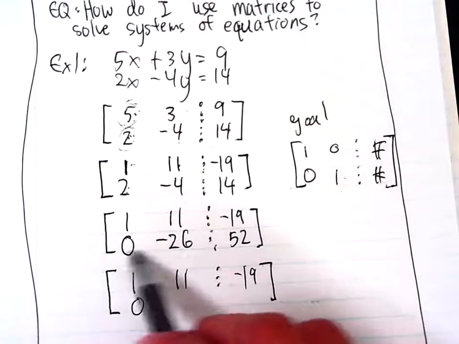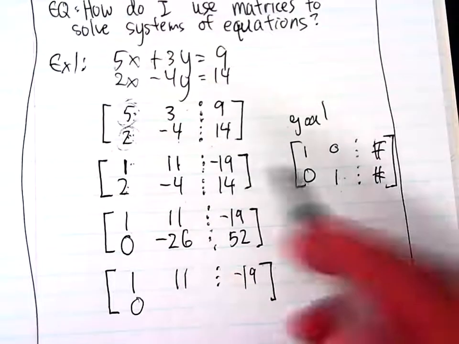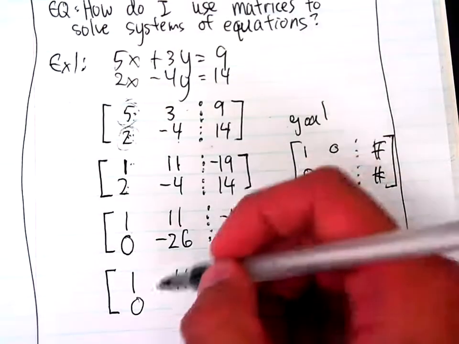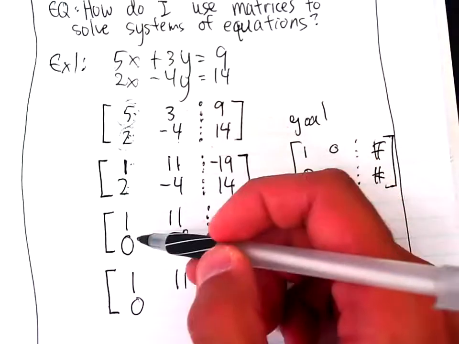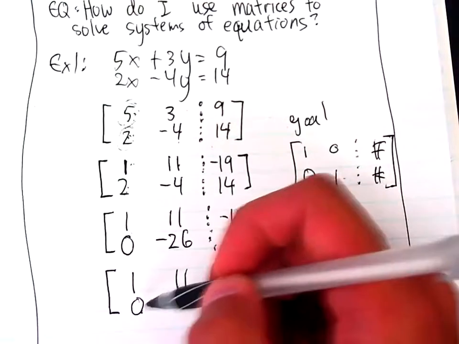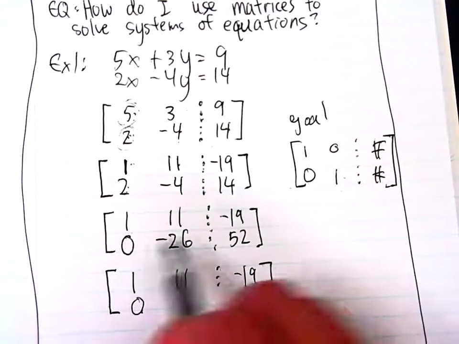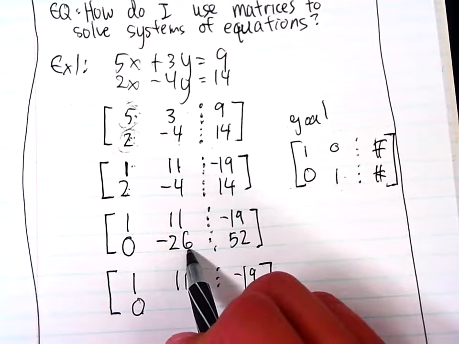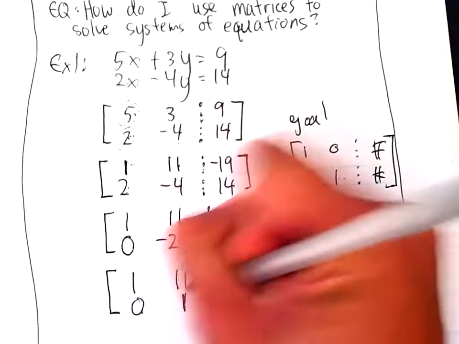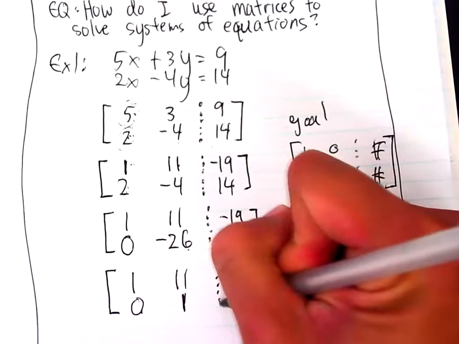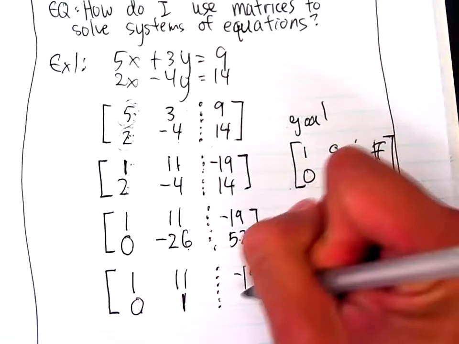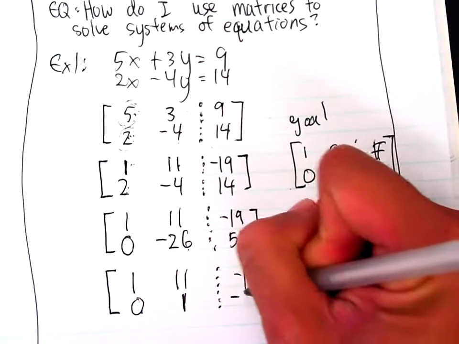So I'm going to multiply this whole row by negative 1 over 26. Negative 1 over 26 times 0 is 0. Negative 1 over 26 times negative 26 is 1. And then negative 1 over 26 times 52 is negative 2.